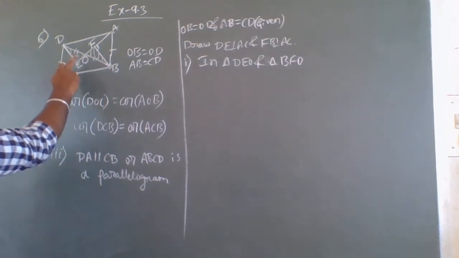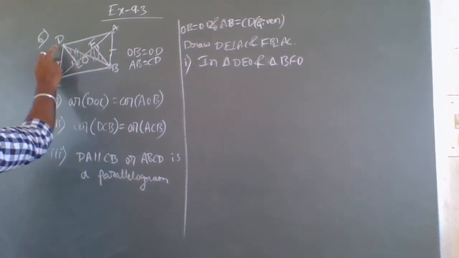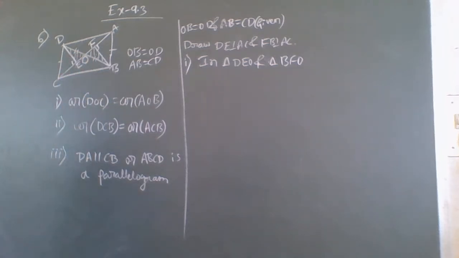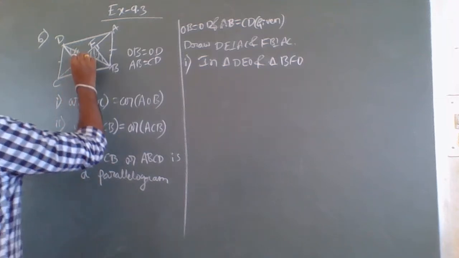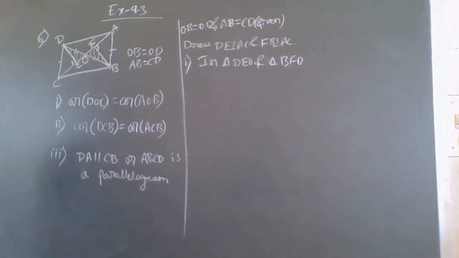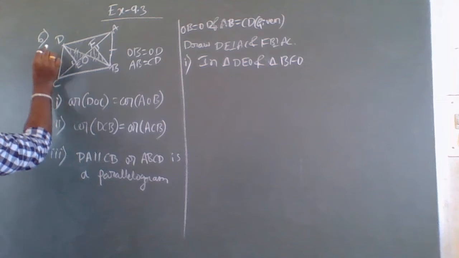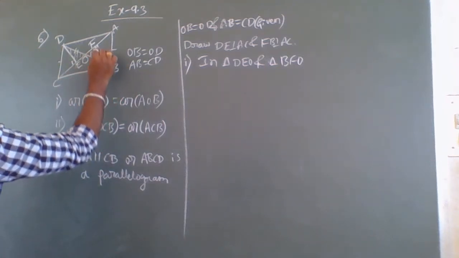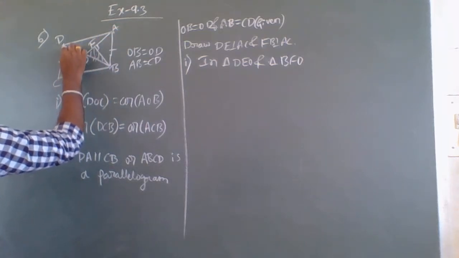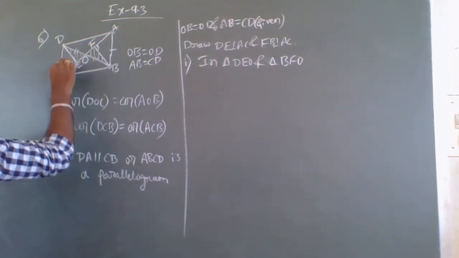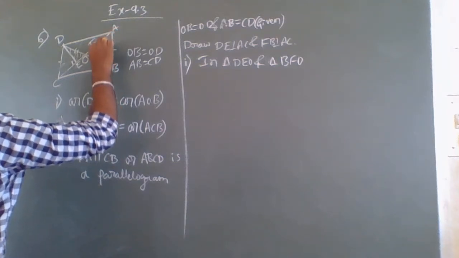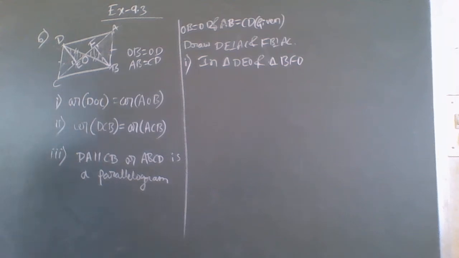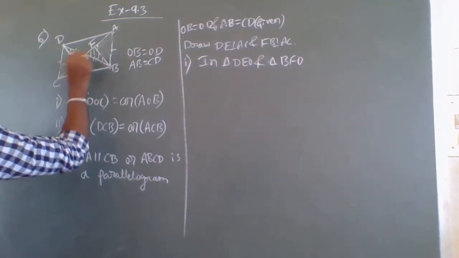if these two triangles, DEO and BFO, are congruent to each other. Then you can say that these two triangles are equal in area. Next step, I will consider the two triangles DEC and BFA, and prove these two triangles are congruent.